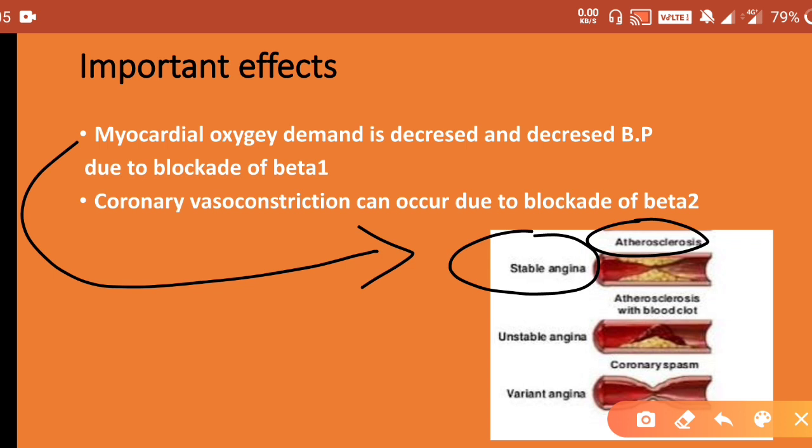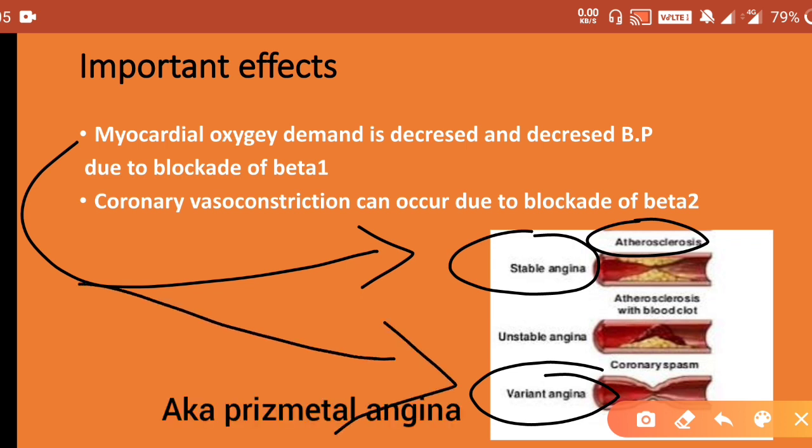Whereas in variant angina, these beta blockers, non-selective beta blockers particularly, are contraindicated. Variant angina might occur in the rest position also, and it mainly occurs due to coronary artery spasm.